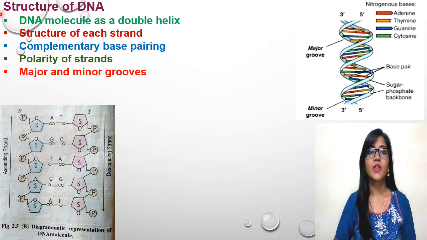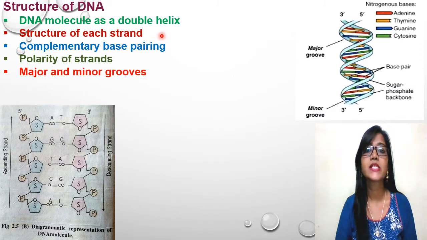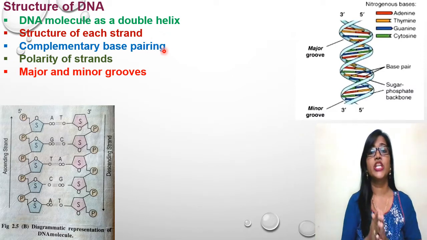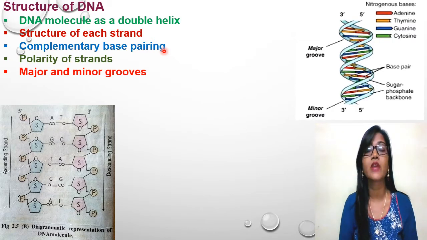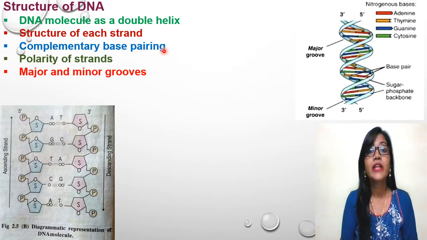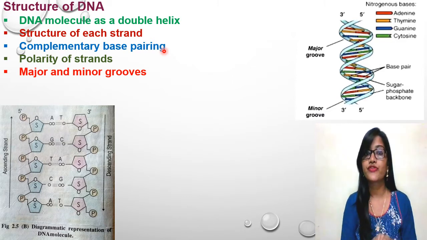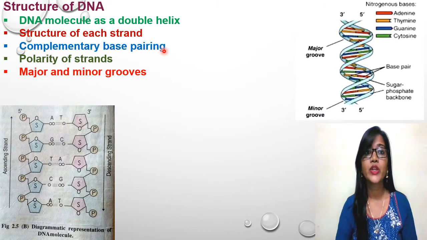Starting with the DNA molecule as a double helix: in 1953, James Watson and Francis Crick proposed the DNA structure based on the X-ray crystallography technique, which was provided by Rosalind Franklin. We have studied it in the introductory part. They proposed the DNA molecule as a double helix.